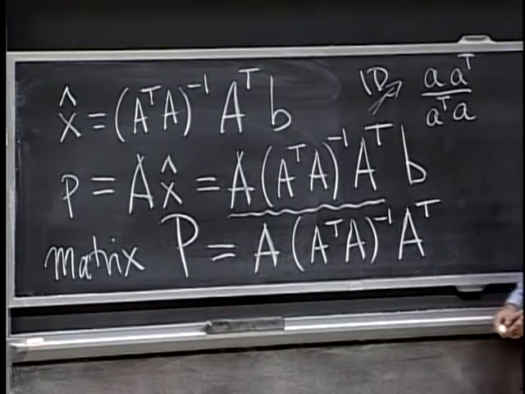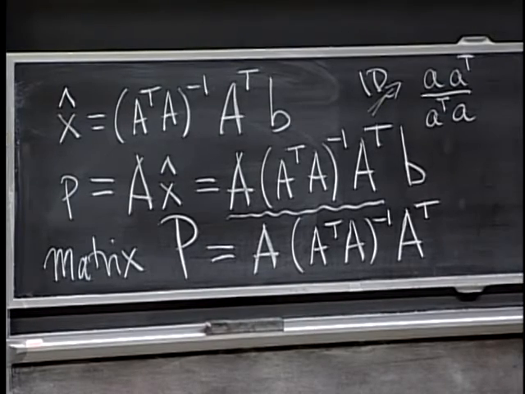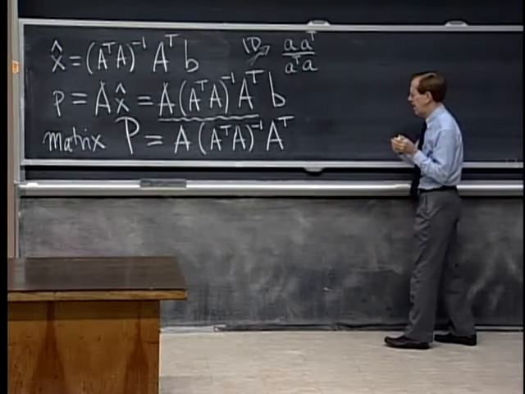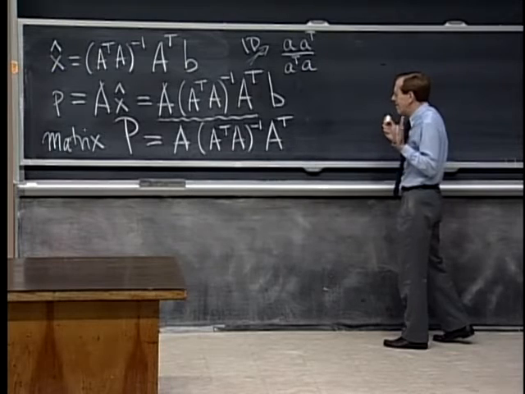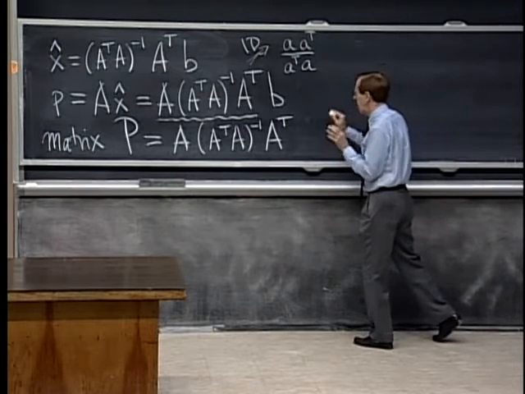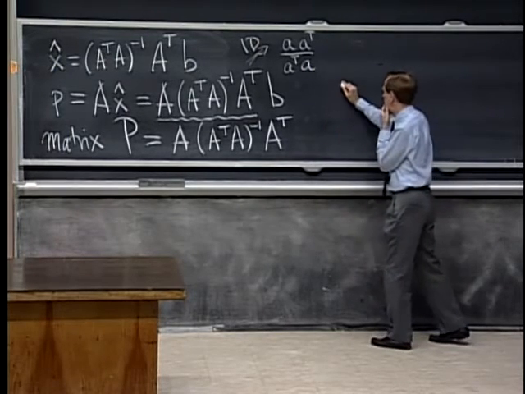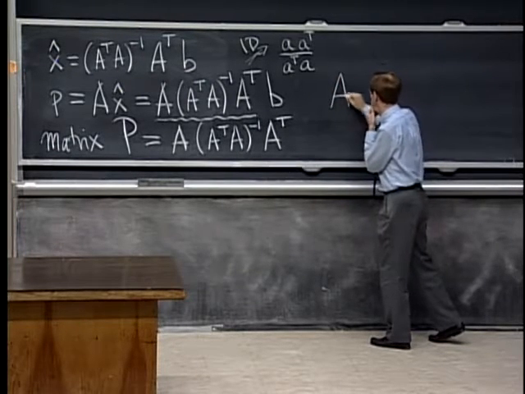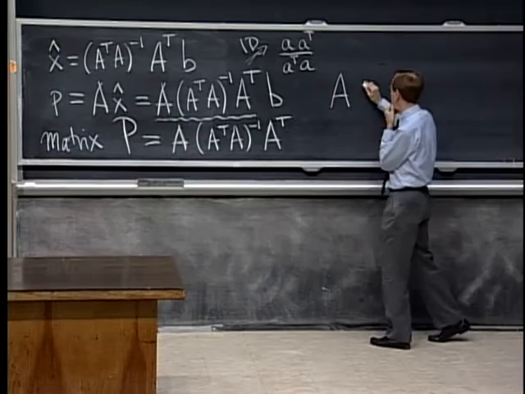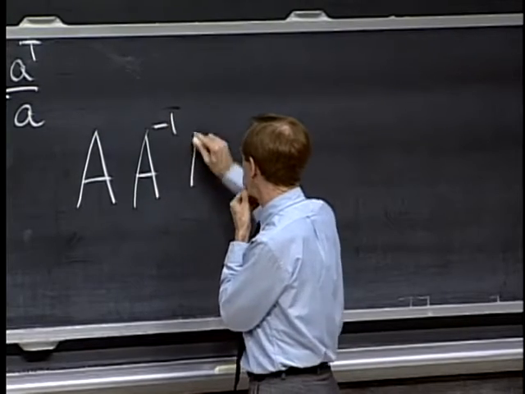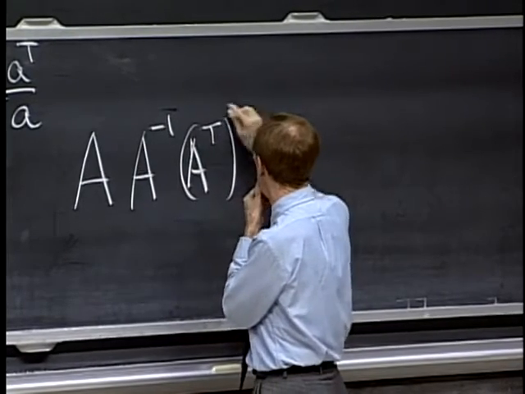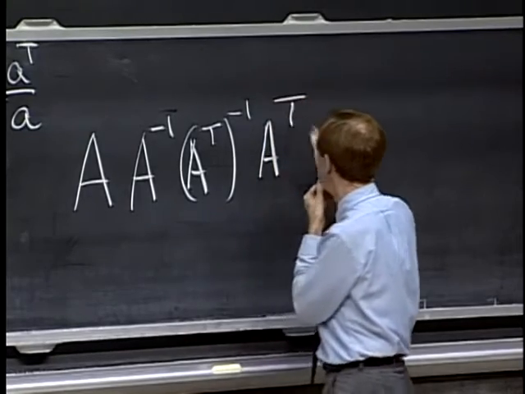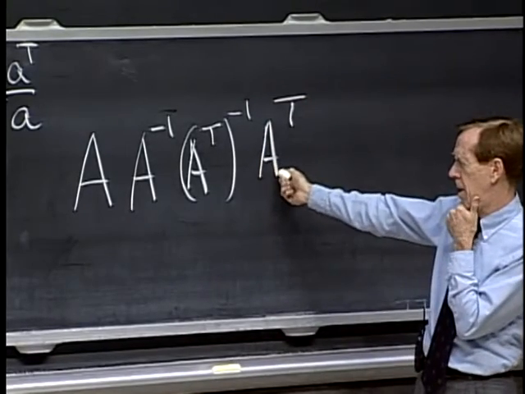Shall I do it? It's going to go on videotape if I do it. All right, I'll put it there. So if I put that, it would be A inverse, A transpose inverse, A transpose, and what's that?